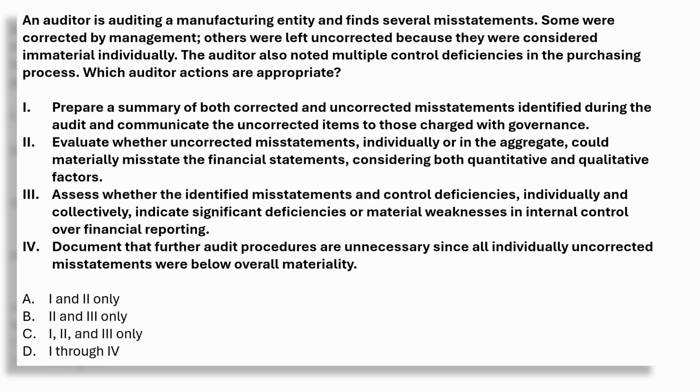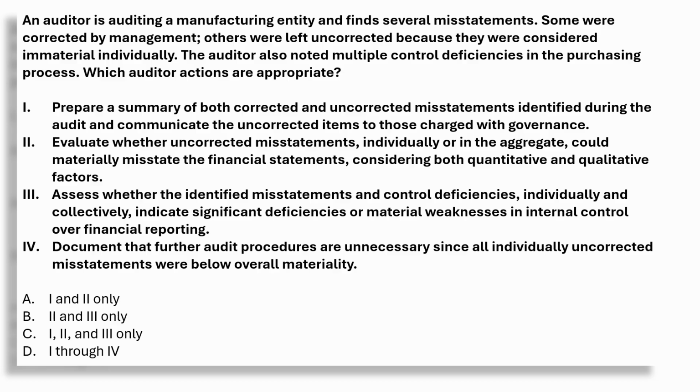Statement 3. Assess whether misstatements and control deficiencies indicate significant deficiencies or material weaknesses in internal control. Yes, misstatements and control deficiencies must be evaluated collectively. Multiple small issues may together point to a more serious weakness. Statement 4.